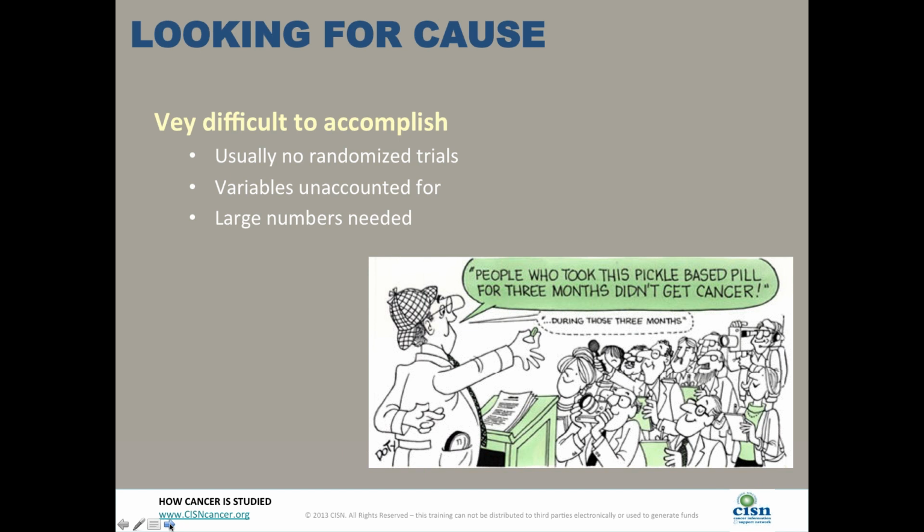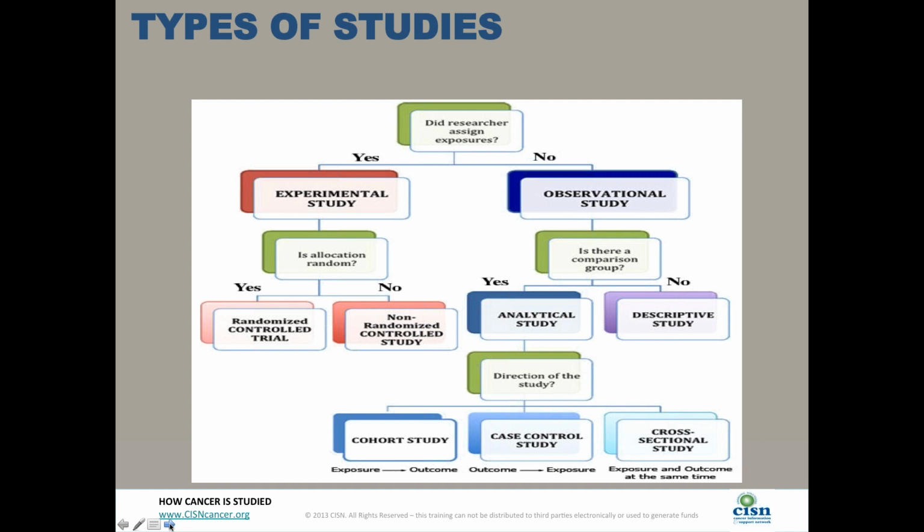But that connection was made because of epidemiologists who went through the records and found a pattern with people who smoked and then came down with lung cancer. And so that's what this is. We're looking for a cause, and it's very difficult to accomplish.